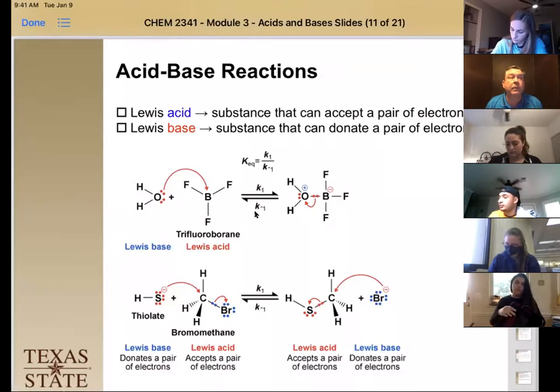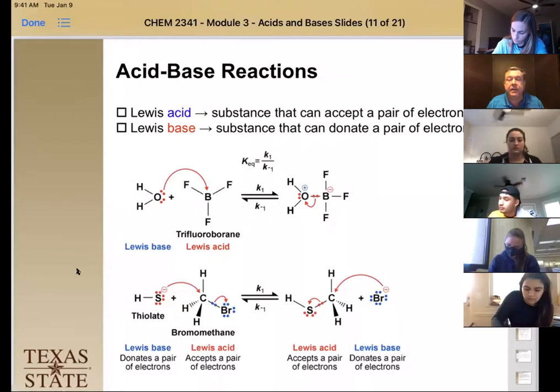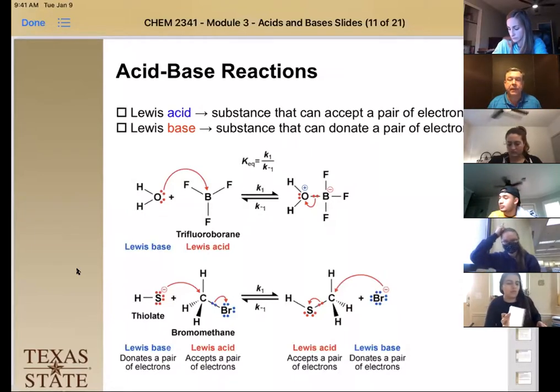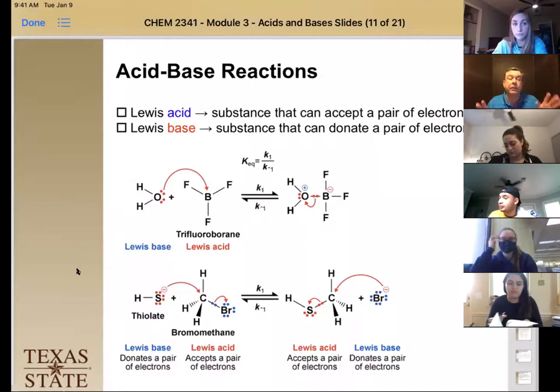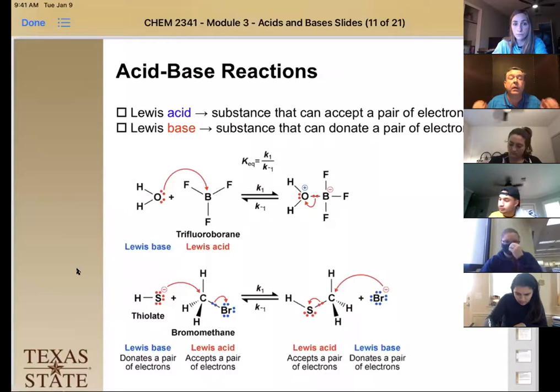This happens more often in organic chemistry than the other acids, and so I want to really, really drive home the concept that a Lewis acid is a substance that can accept a pair of electrons. Okay, now I'm going to show you that a Lewis acid is the correct definition for even one that transfers a hydrogen or even one that's in water. Lewis acid is the most broad definition for acid we can use.